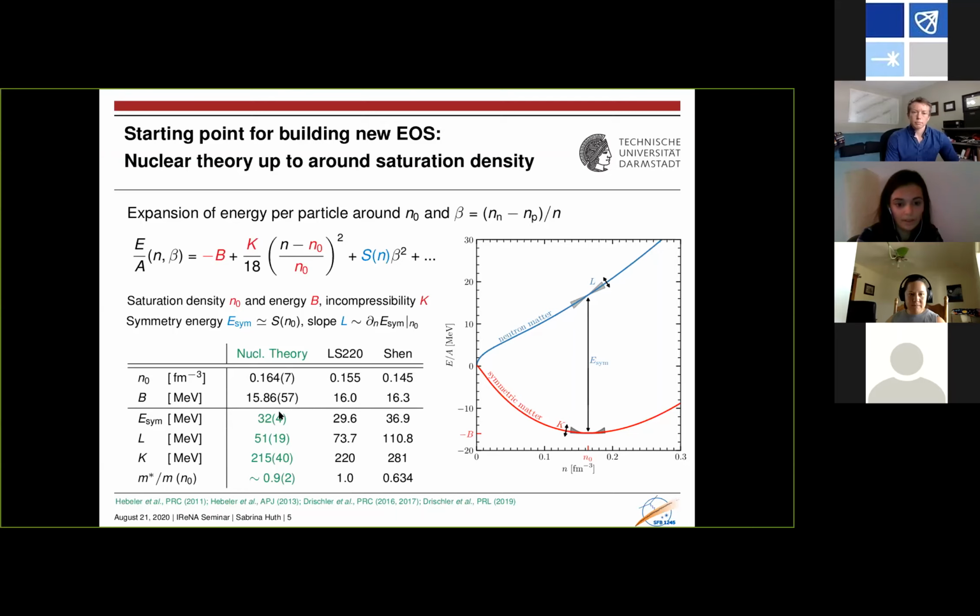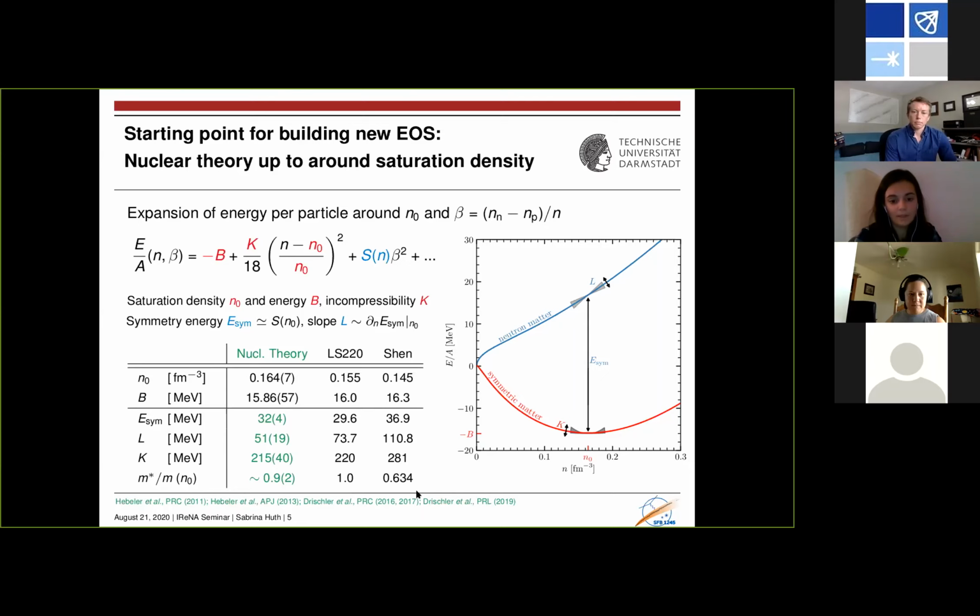So the green numbers here for symmetry energy, slope parameter, incompressibility, and effective mass are estimated by nuclear theory. And this part here on top for the saturation density and binding energy is the empirical saturation point. And then you also see here the values for the LS220 EOS and for the Shen EOS.